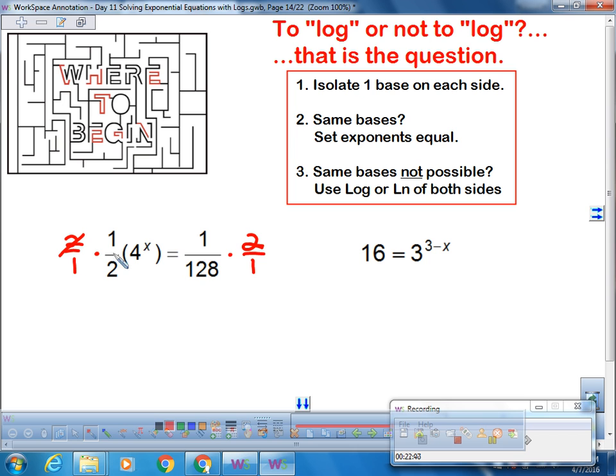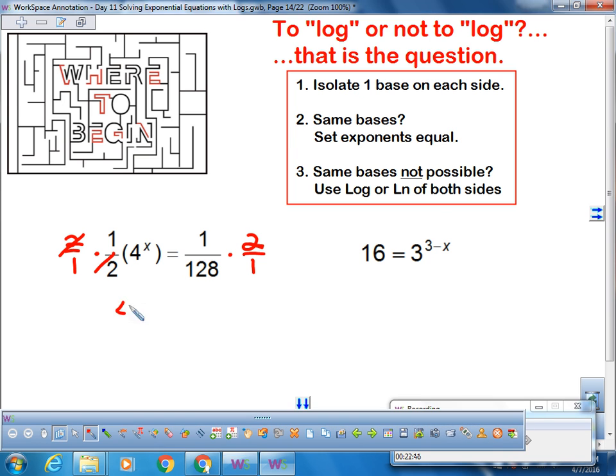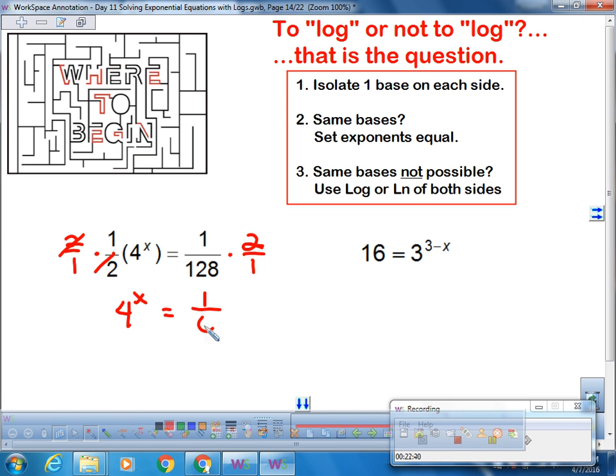When I do that, this fraction goes away, and I'm left with 4 to the x equals, what's 128 if I take a 2 out of it? Yeah, log or not log? Not log.